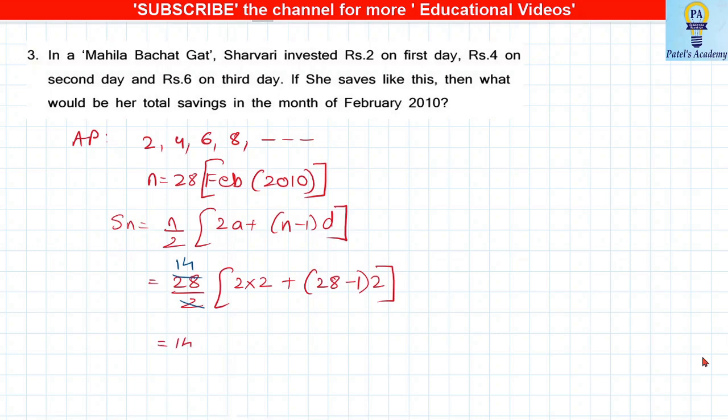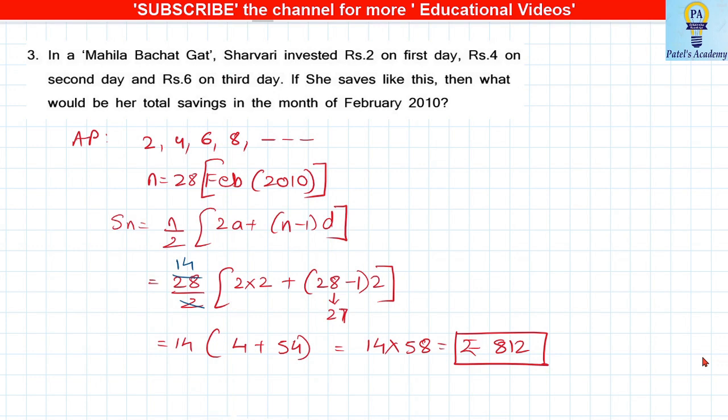What I get is 14 (2 twos are 4, plus 28 minus 1 is 27). So 27 into 2 is 54. That is 14 into (54 plus 4), which is 58. So 58 into 14. Answer is rupees 812. So she is saving 812 rupees in the month of Feb.